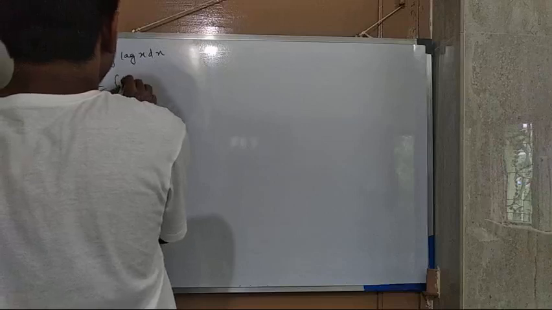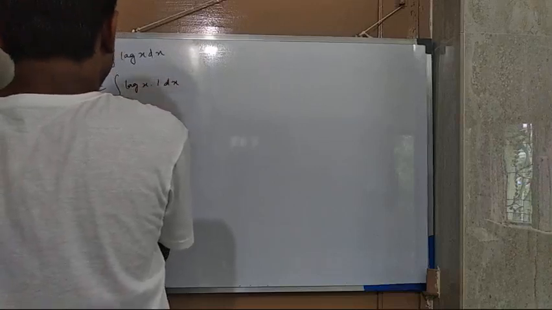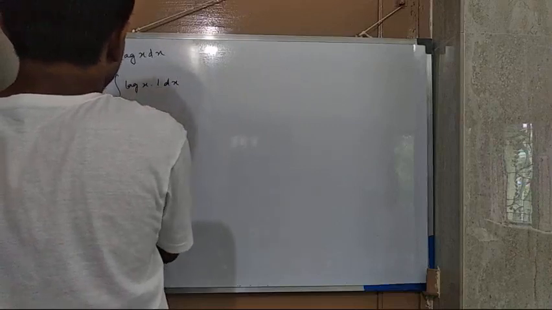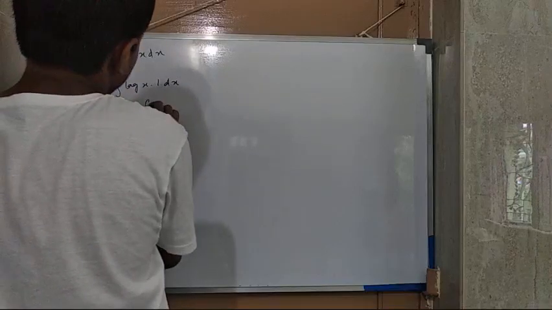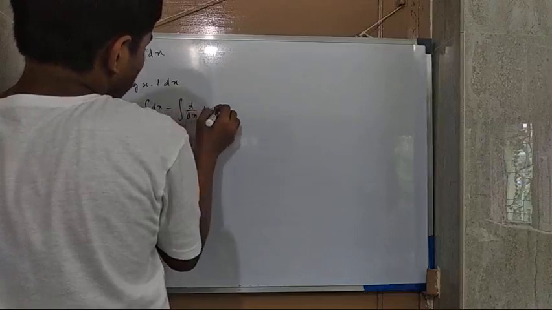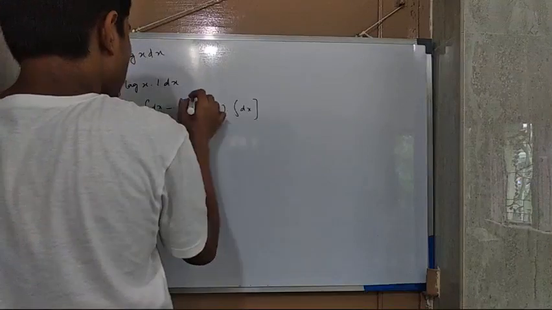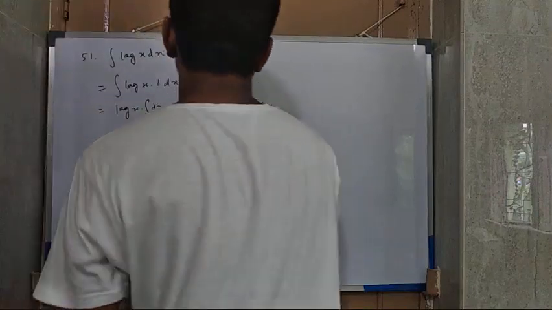So this is the integral of log x times 1 dx, which is log x times the integral of dx minus the integral of d by dx of log x times the integral of dx, times dx.